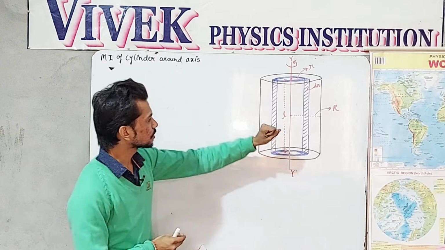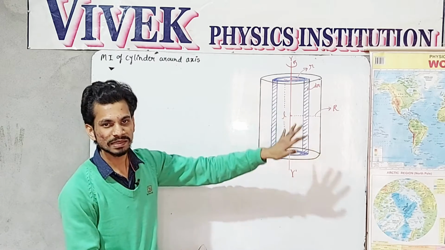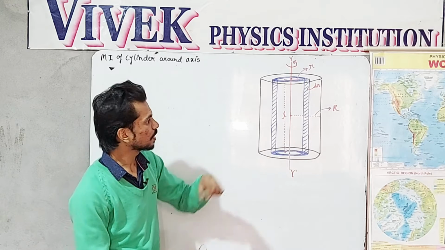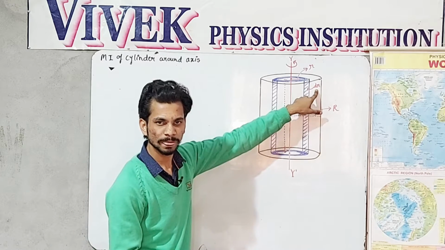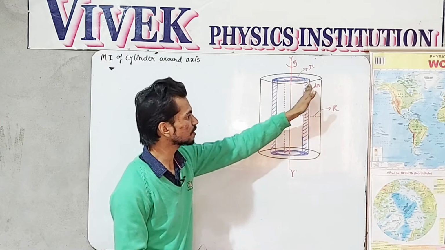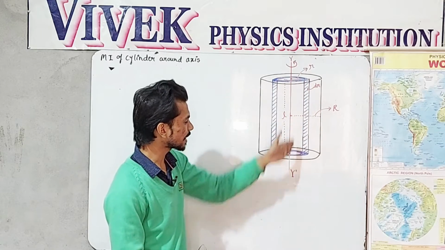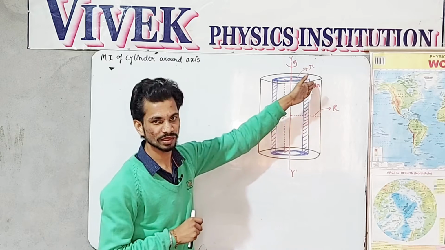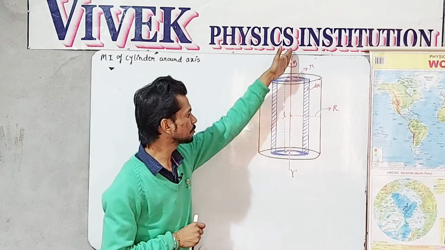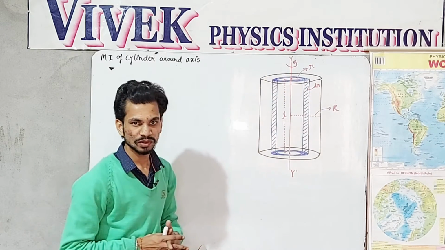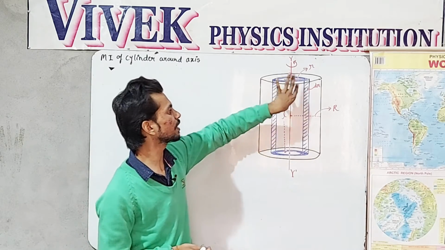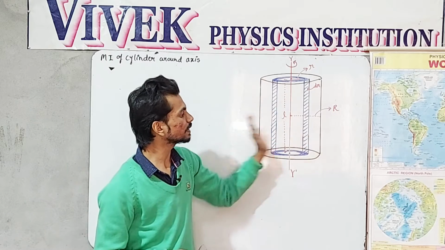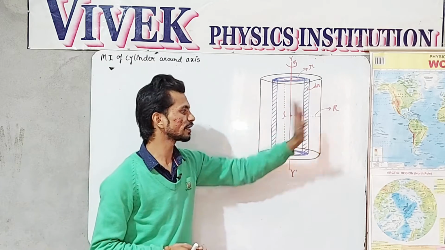First of all we will find the moment of inertia of this blue cylindrical cell whose thickness is dr and which is separated from this axis by distance r, or we can say its boundary is at distance r from this axis. Also, the radius of the cylindrical cell is small r and the radius of the whole, big cylinder is capital R.